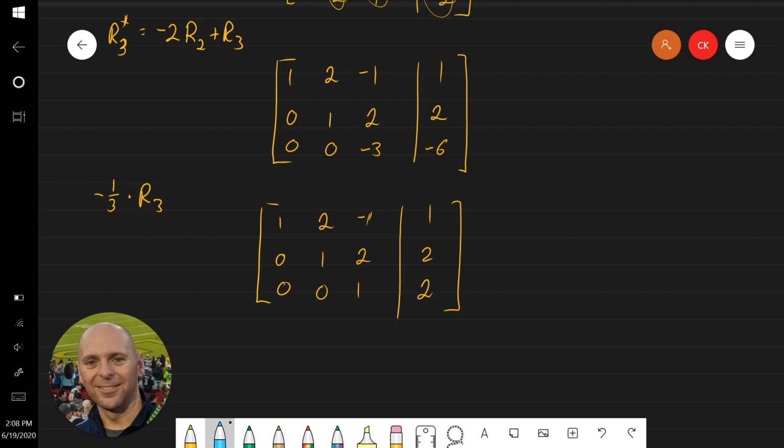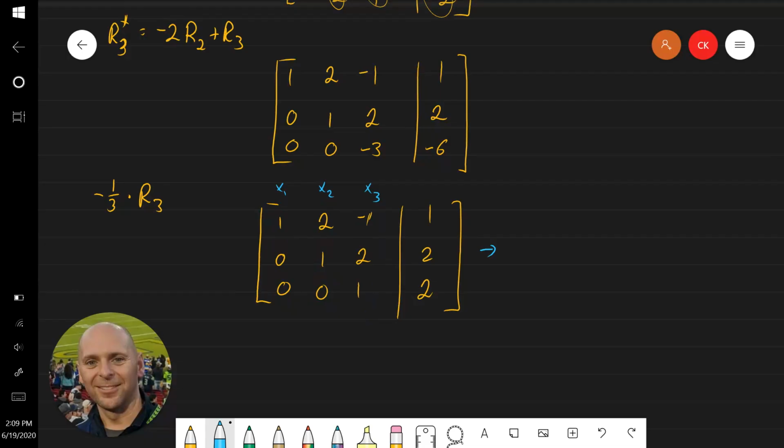And at this point, if we wanted to convert this back, we could rewrite this as a system of equations, remembering what each one of these columns represents. These are the coefficients on x1, these are the coefficients on x2, these are coefficients on x3, and the bar is your equals sign, and the constants there being on the right.